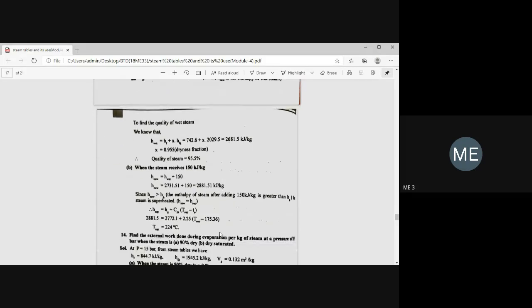Don't take the calculated value earlier; you have to take the new value, 2681. So we'll get 0.955 dryness fraction. So quality of steam is 95.5 percent.